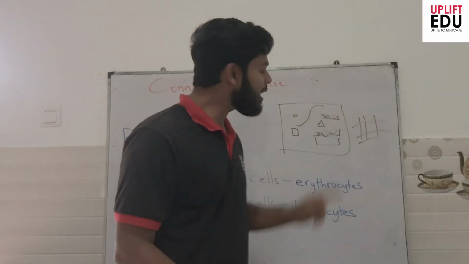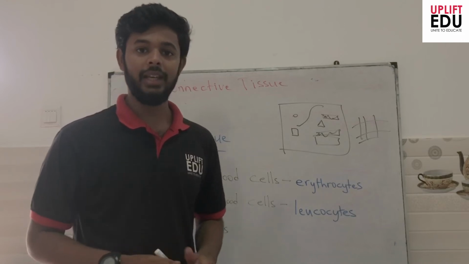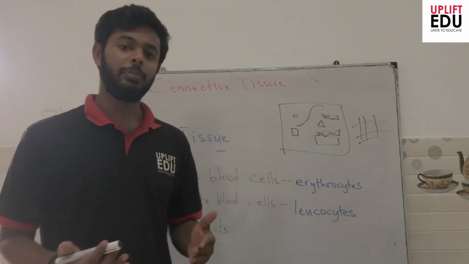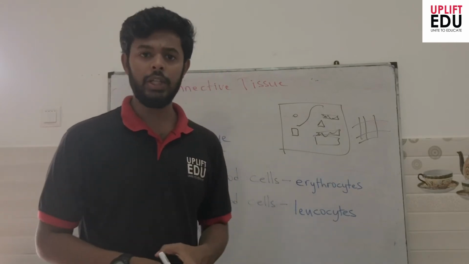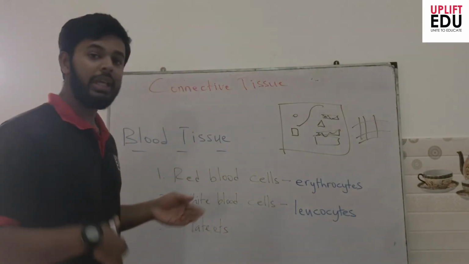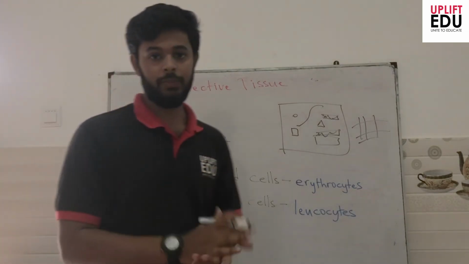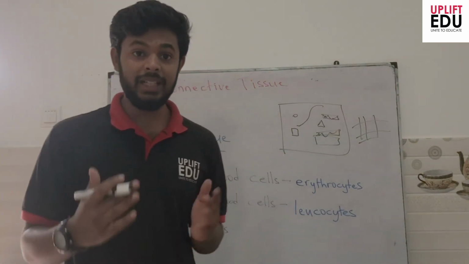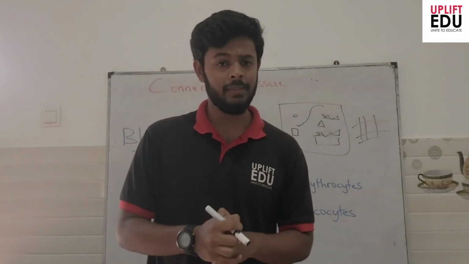So these blood fibers are present only during the clotting stage of the blood. These features make blood slightly different from the other connective tissue, so for blood we give another term, special connective tissue.